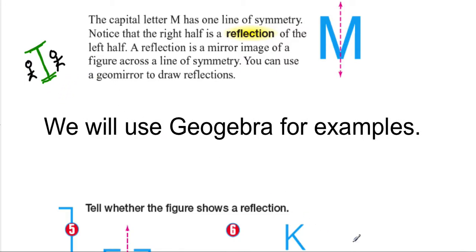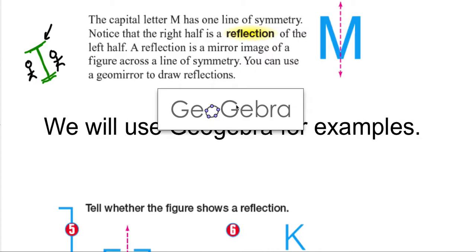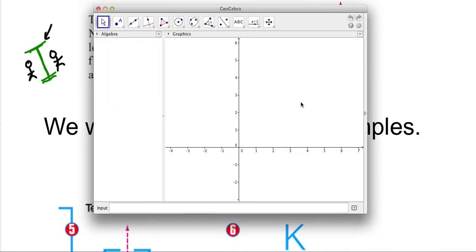But we're not going to use a geomirror because this is an obsolete technology. What we're going to be using is GeoGebra. If we want to reflect a stick figure, like what we talked about, let's make this stick figure with one hand going up and the other hand going down. That's good enough, and we want to reflect it over this line right over here.